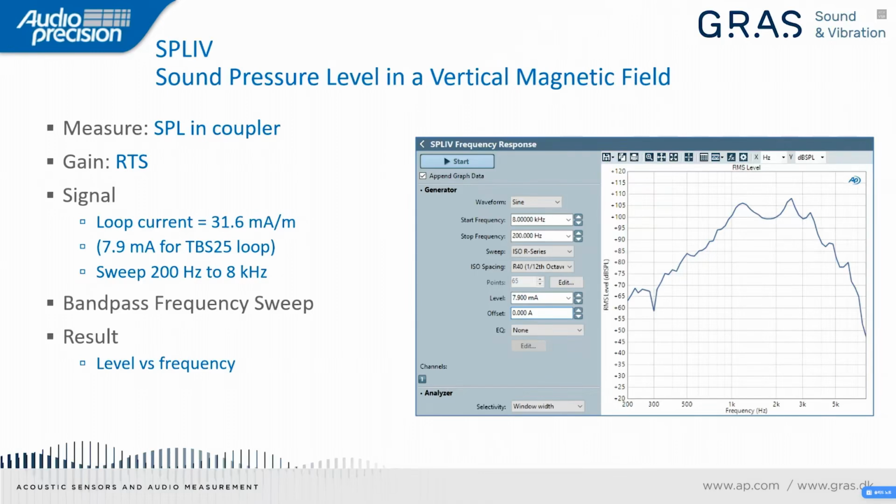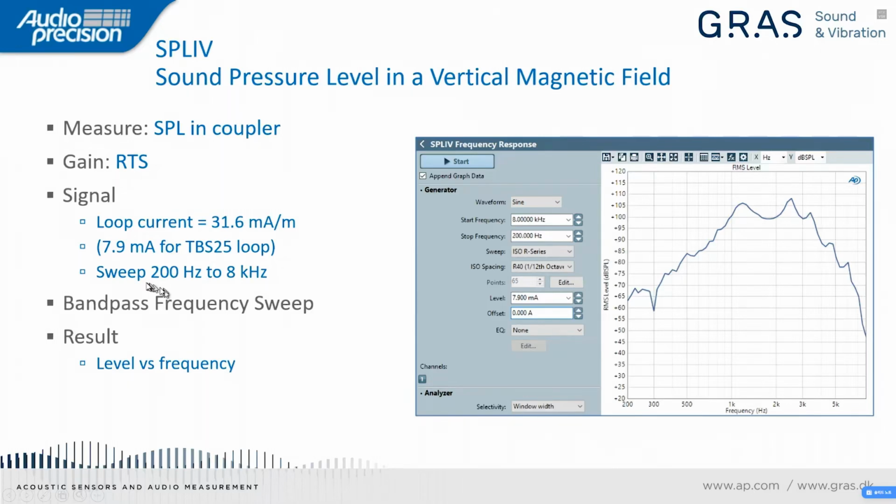The standard calls for a loop current of 31.6 milliamps per meter, and the actual current depends on the length of the loop in the test box. For the test box that I'm using here today, TBS 25, the current is 7.9 milliamps. And the standard calls out a sweep of this frequency from 200 hertz to 8 kilohertz.